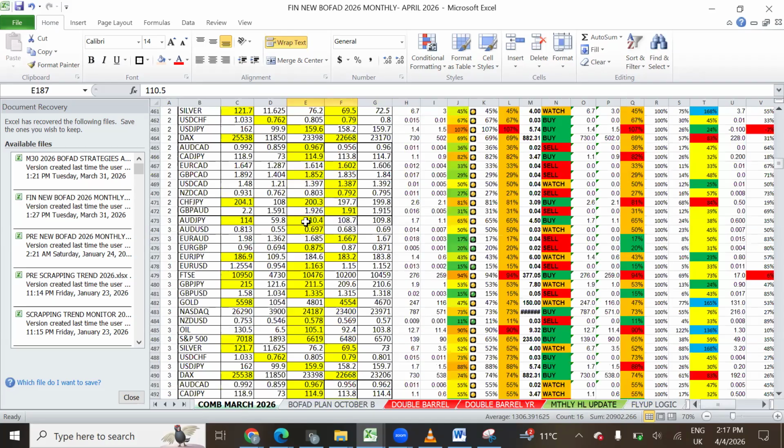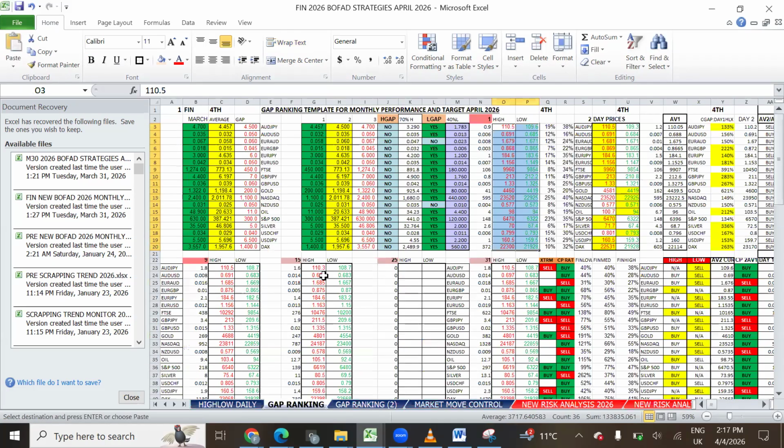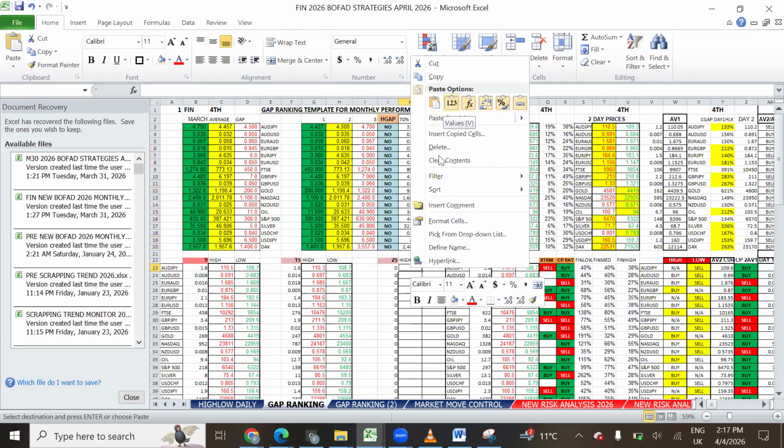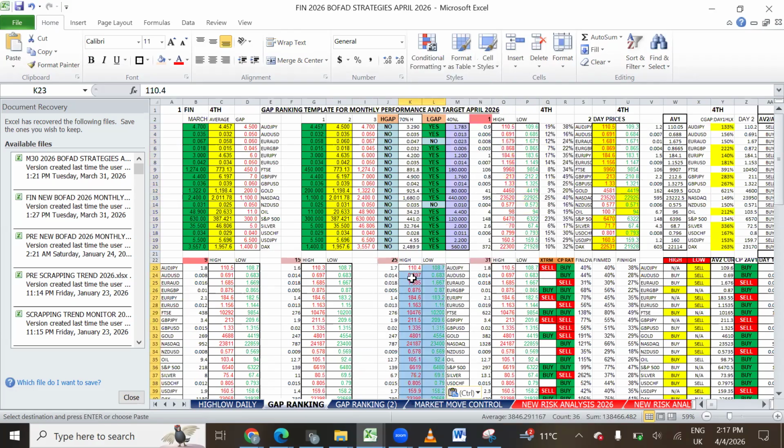I can copy here like this, and then go to the page and paste here. As far as what it means is that this report is coming after this, and this one is coming after this, like that. That's all that matters.